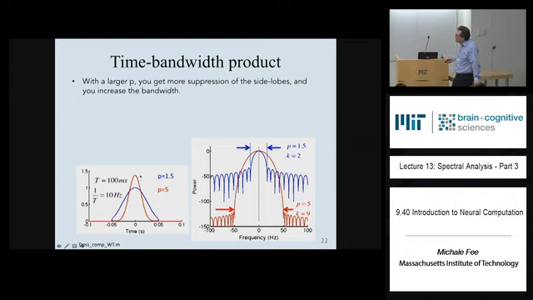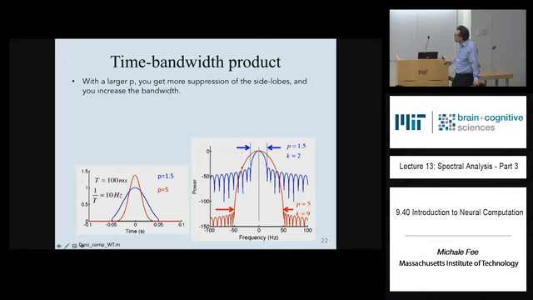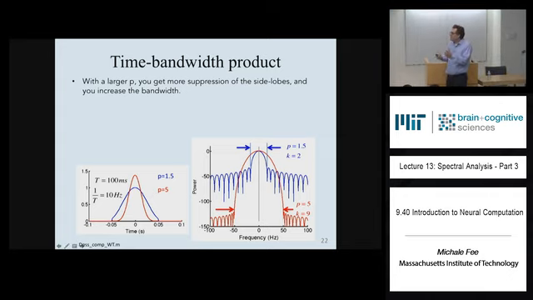If you take the p equals 5 function, a broader bandwidth, it's narrower in time and broader in frequency. Does that make sense? Okay, so p, for a given size time window, tells you how many different samples we're going to take within that time window.